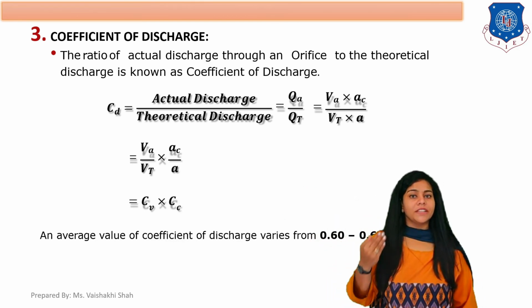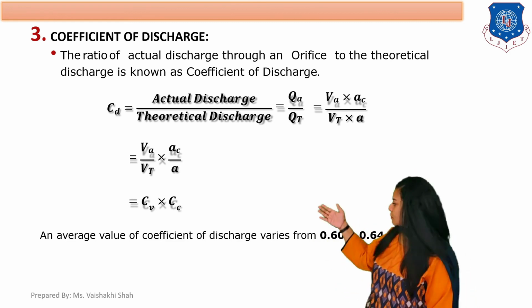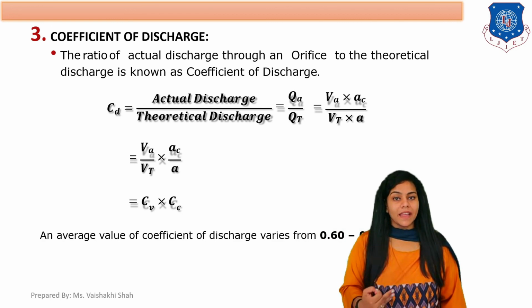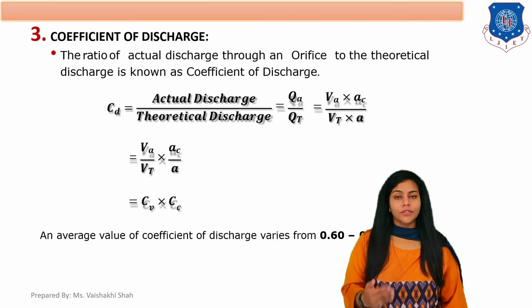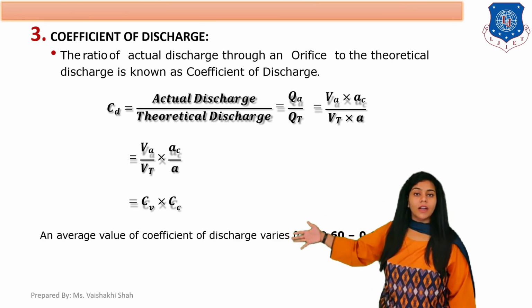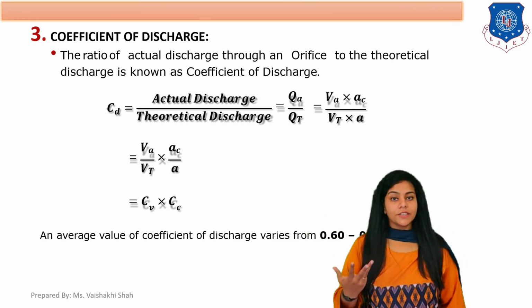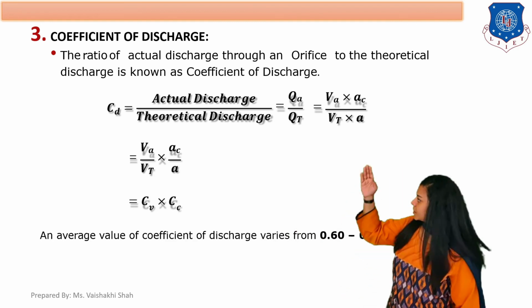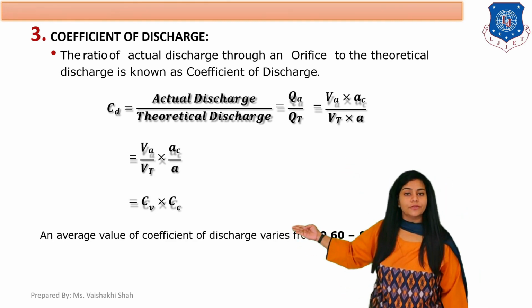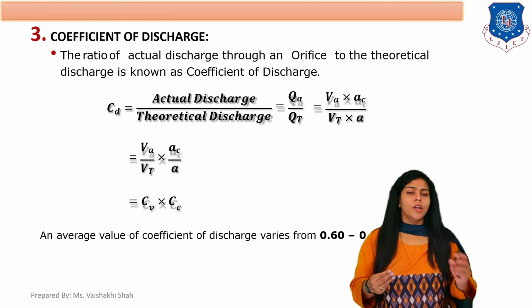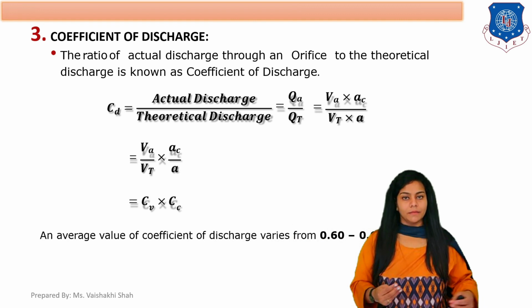Actual velocity by theoretical velocity, that is the coefficient of velocity Cv. And Ac by A, actual area upon theoretical area, is Cc. So ultimately you can prove a relationship between Cv, Cc and Cd, which is Cd equals Cv into Cc. This is the relationship between all three coefficients which we use to solve our examples.